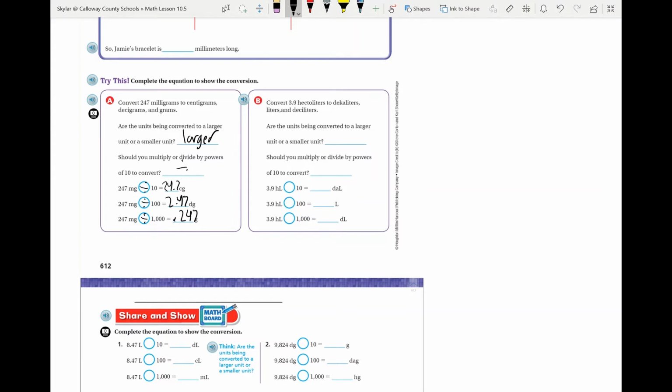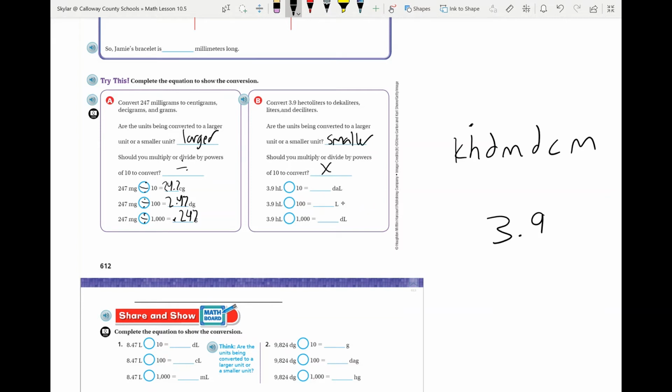So, and it's the same thing over here. We have hectoliters to decaliters, liters, and deciliters. So if we have hectoliters, we have King Henry demanded more dark chocolate milk. We are starting right here. So if we're moving to the right to get to decaliters, to get to liters, to get to deciliters, we are being converted to a smaller unit.